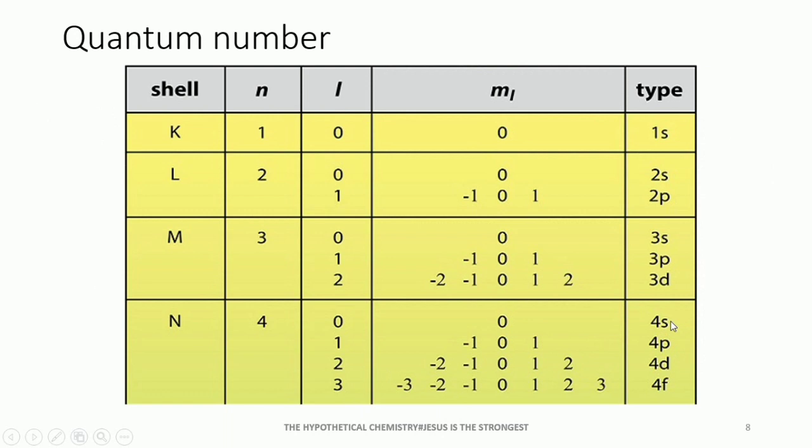The s orbital. Now, another thing I want you to take note of is that you write the orbital. So if the angular momentum is 0, then you know that is the s orbital. If it is 1, it is the p. 2, it is d. 3, it is f, in that order.